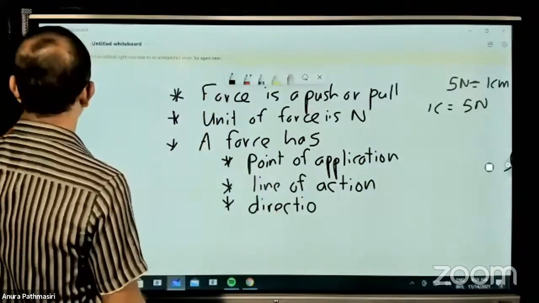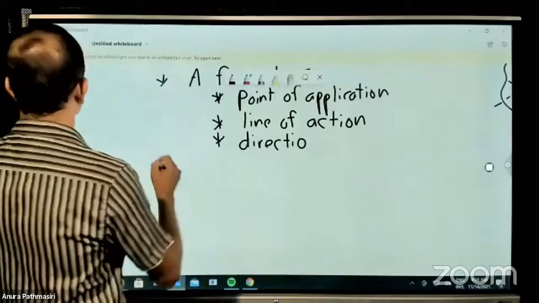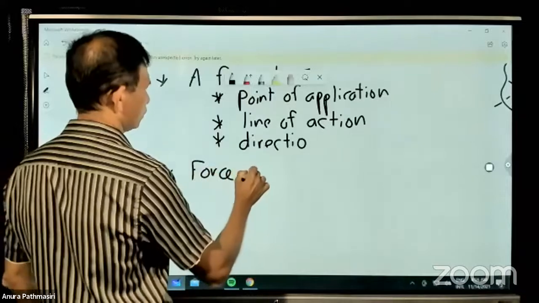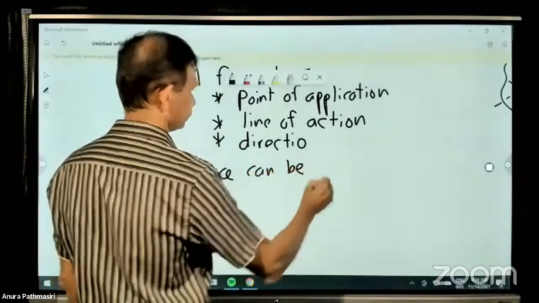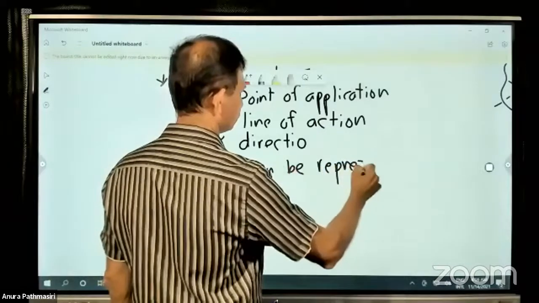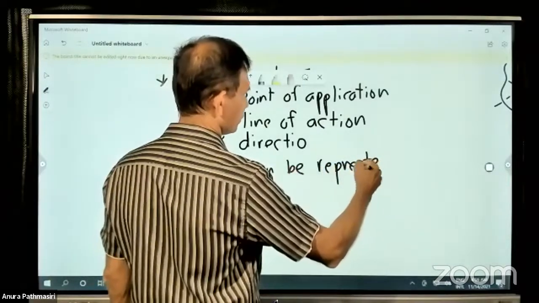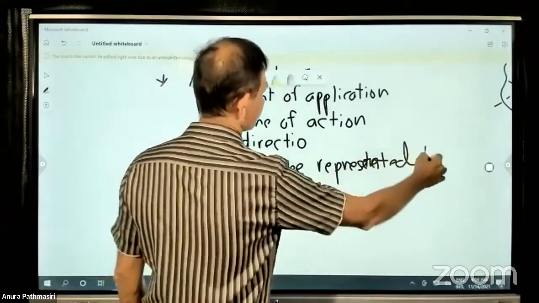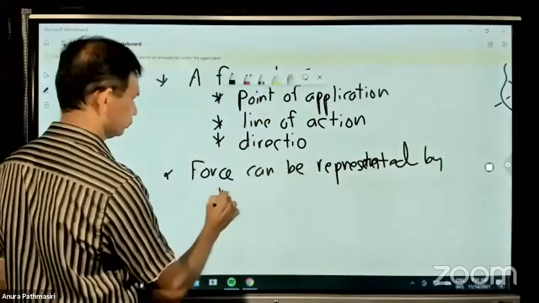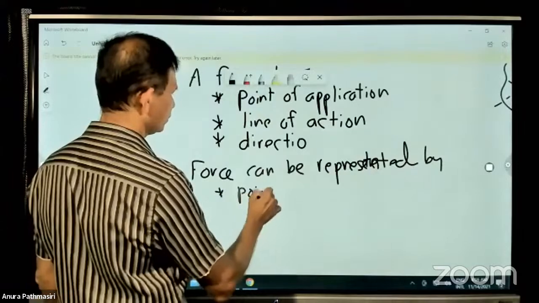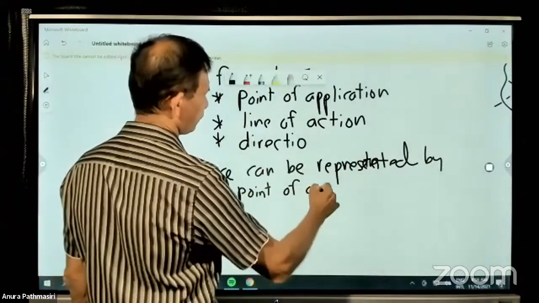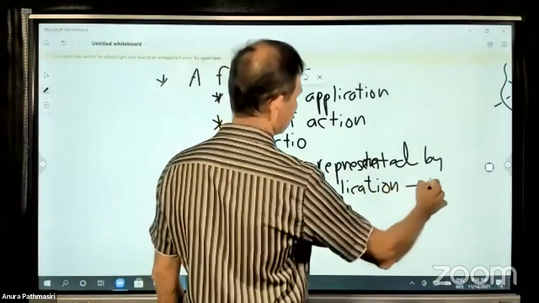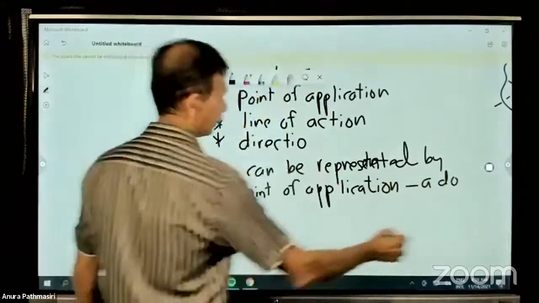Next, force can be represented by, one, a dot for the point of application. A dot for the point of application.